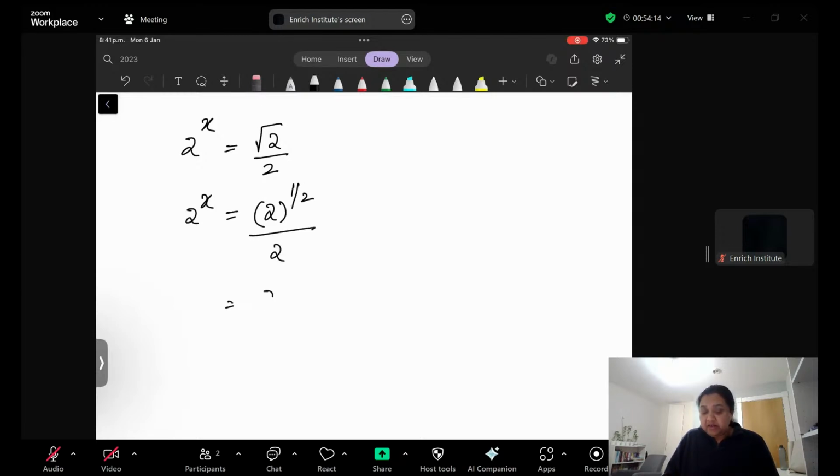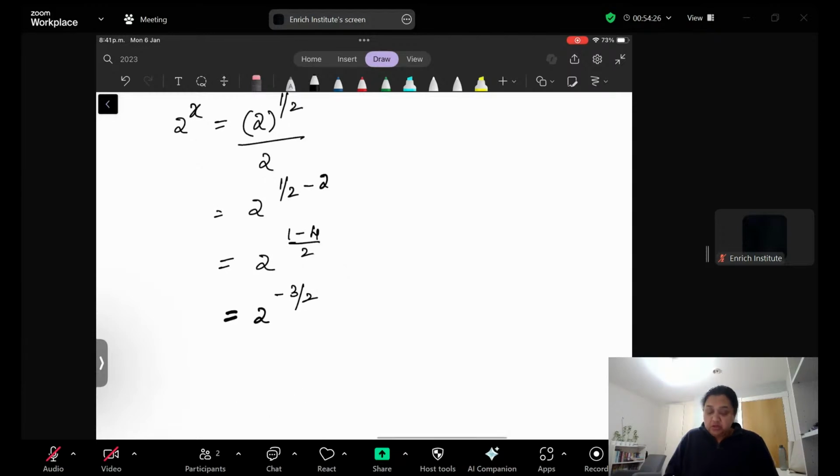The right hand side can be simplified as 2 to the power of 1 over 2 minus 2, which is equal to 2 to the power of 1 minus 4 over 2, which is equal to 2 to the power of minus 3 over 2. So 2 to the power of x is equal to 2 to the power of minus 3 over 2. x is equal to minus 3 over 2. That's a simple equation.